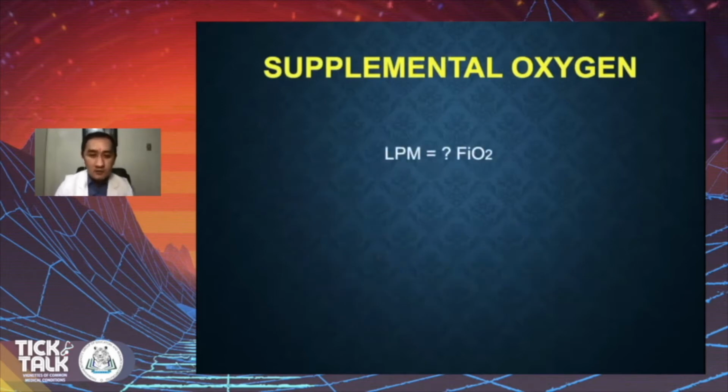We are knowledgeable about the level of O2 in liters per minute. So when we are asked what is the level of oxygen that you are using for the patient, we always say 6 liters per minute or 5 liters per minute. But if we are asked what is the equivalent FiO2, or the fraction of inspired oxygen, this is the concentration of oxygen in the gas mixture.